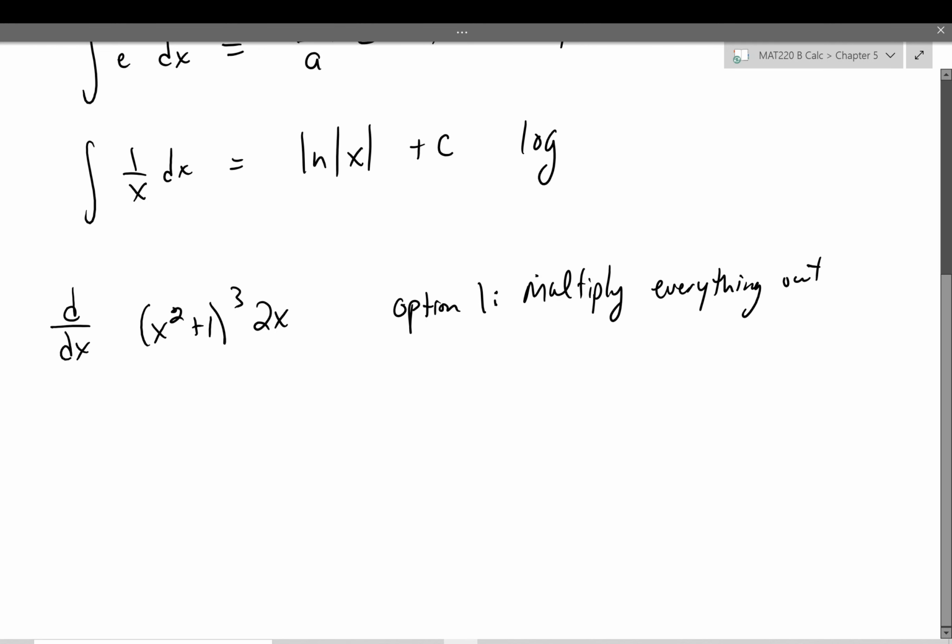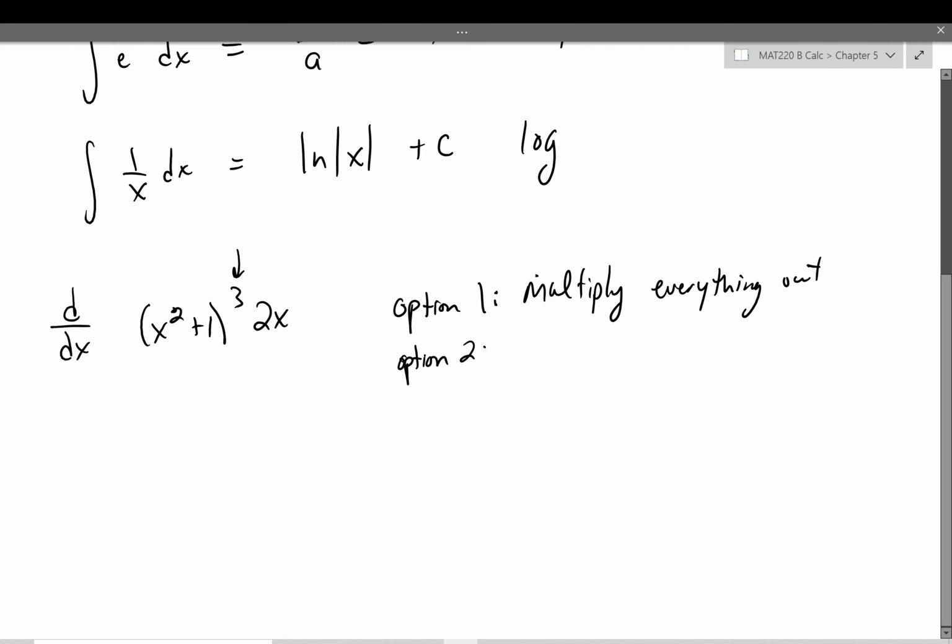That wasn't a bad option. But unfortunately, what if that exponent was not a 3? What if it was a 10? You're trying to tell me you would want to sit there and multiply x squared plus 1 times itself 10 times? So then we learned option 2.